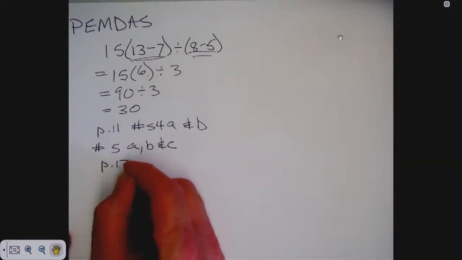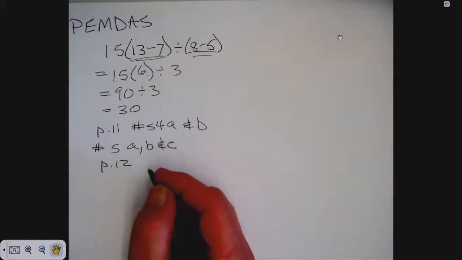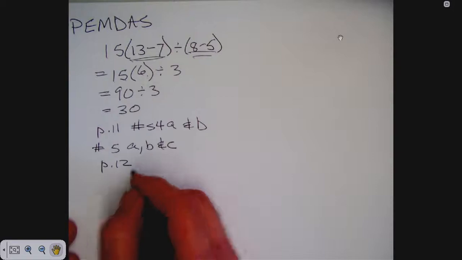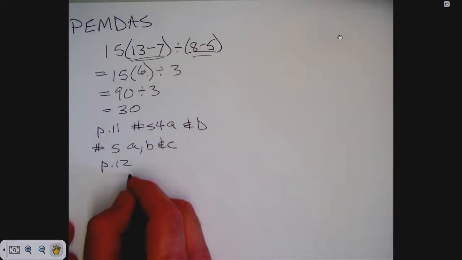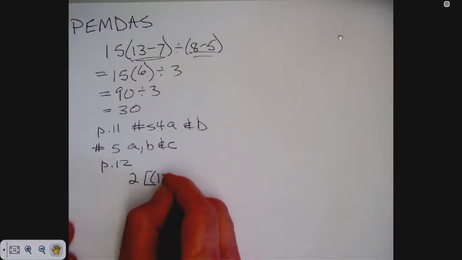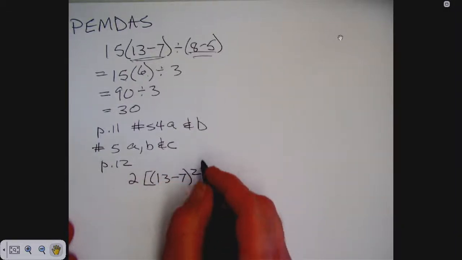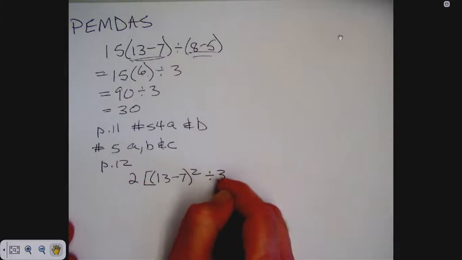And I will do one example for you, and that is we can have multiple levels of parentheses or other grouping symbols. So like on page 12, we have 2 bracket parentheses 13 minus 7 squared, in parentheses squared, divided by 3.